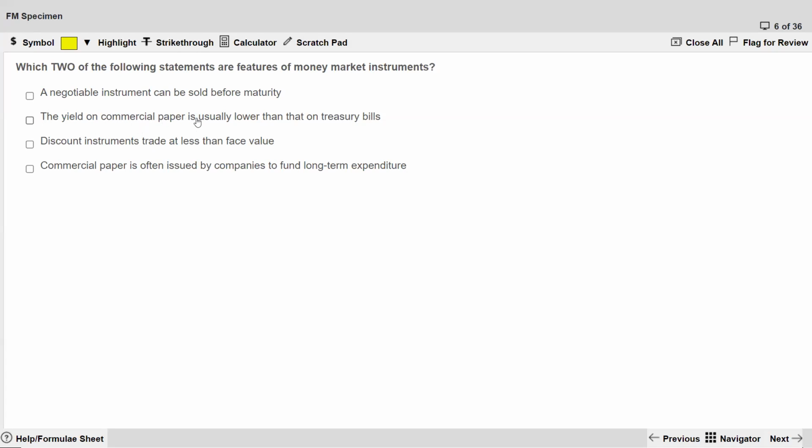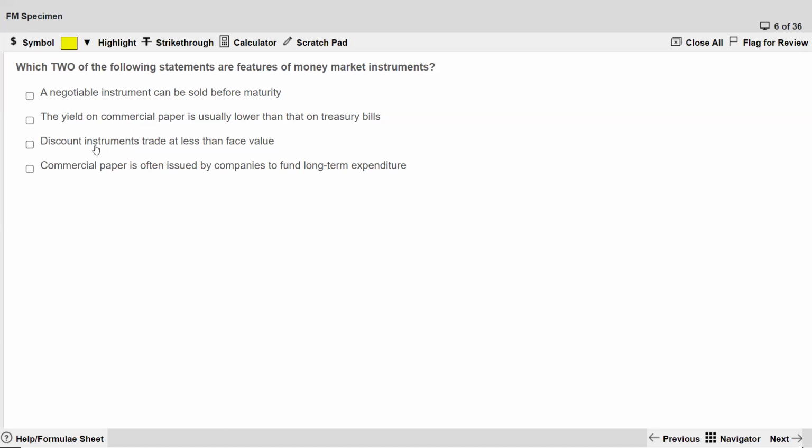It says the yield on commercial paper is usually lower than that on treasury bills. No, treasury bills, which are bills issued by the government, are lower risk, and lower risk would provide lower return. Company bonds are usually higher risk, so they would provide higher return. So this one is incorrect.